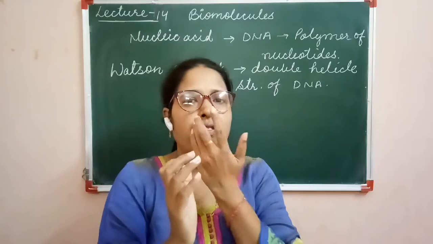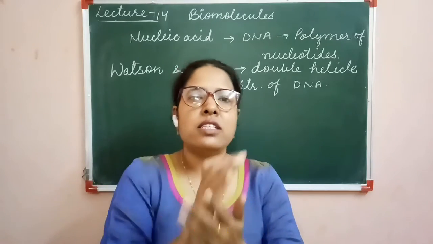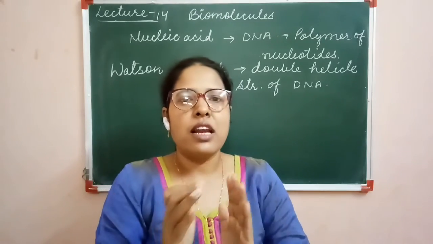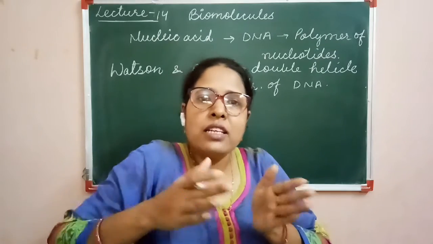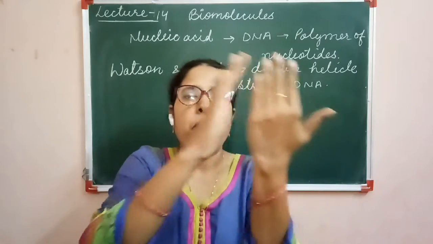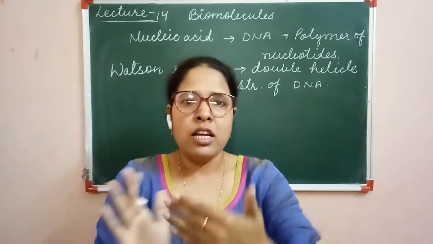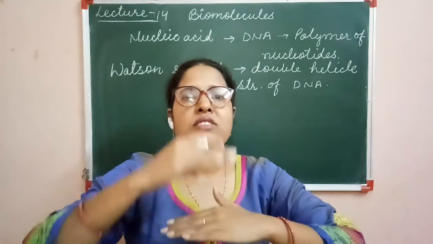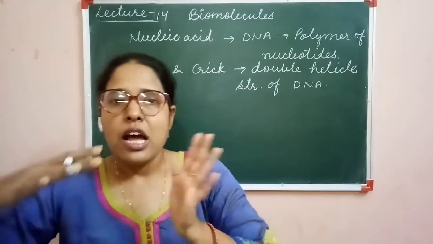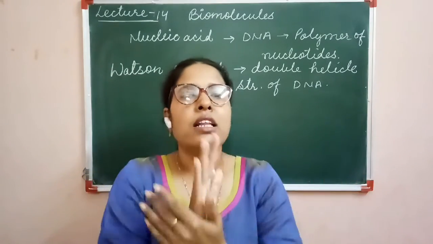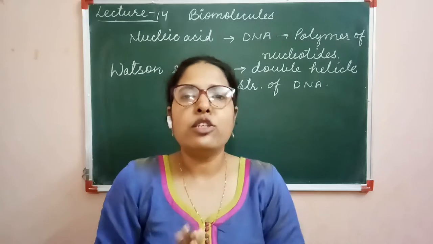Suppose there is a spiral staircase in which two railings run parallel to each other, and when it is turning, the stairs behave like the nitrogenous bases, and the two railings are the two strands of DNA.